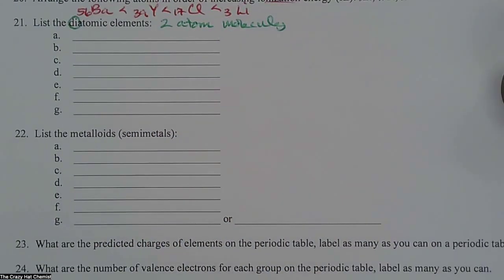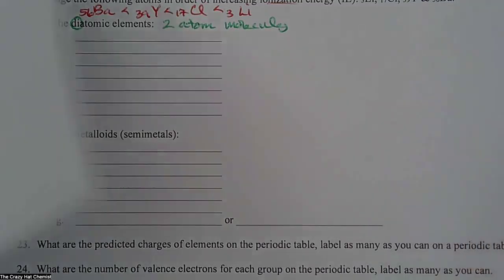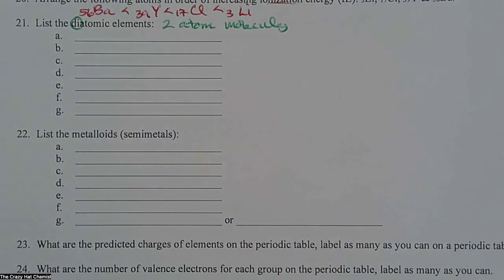So 2 atom molecules are the diatomics. I'm going to show them to you on a periodic table, but I'm going to fold the periodic table just a little bit and you'll be able to see them very nicely. It will all make sense, hopefully.